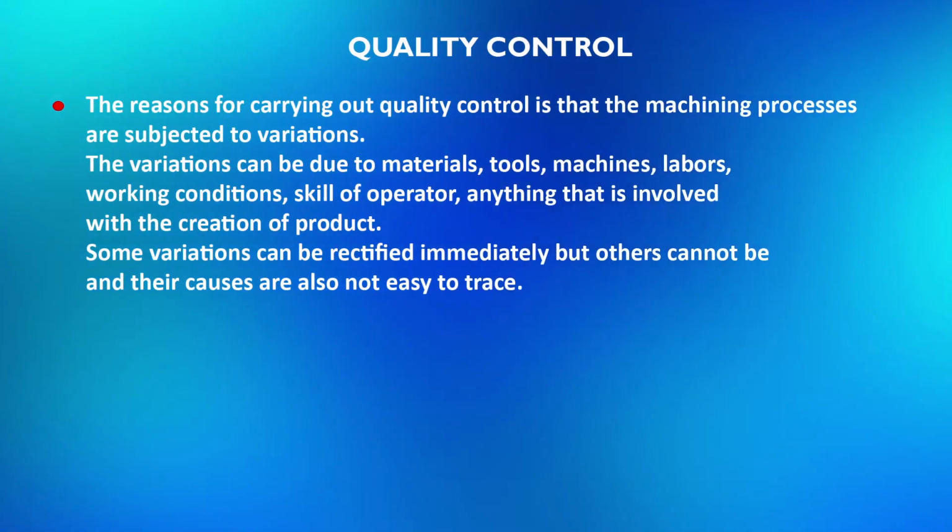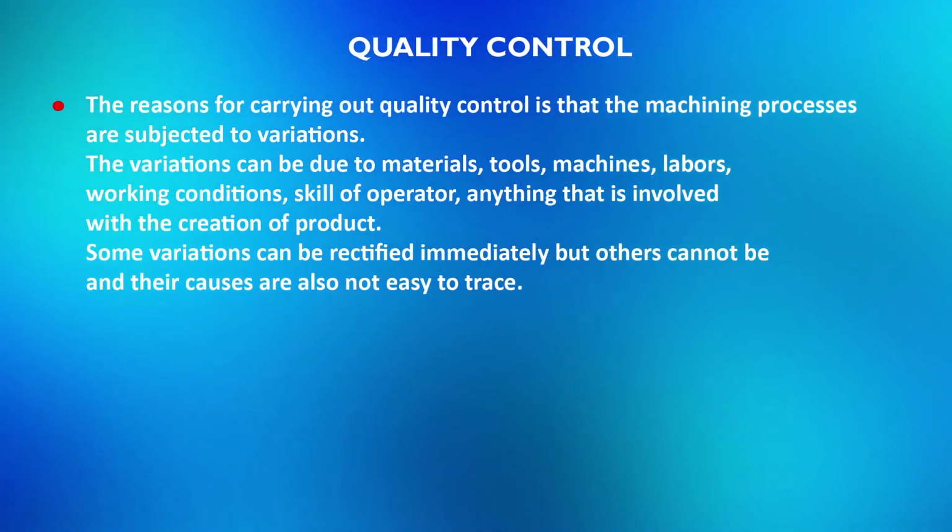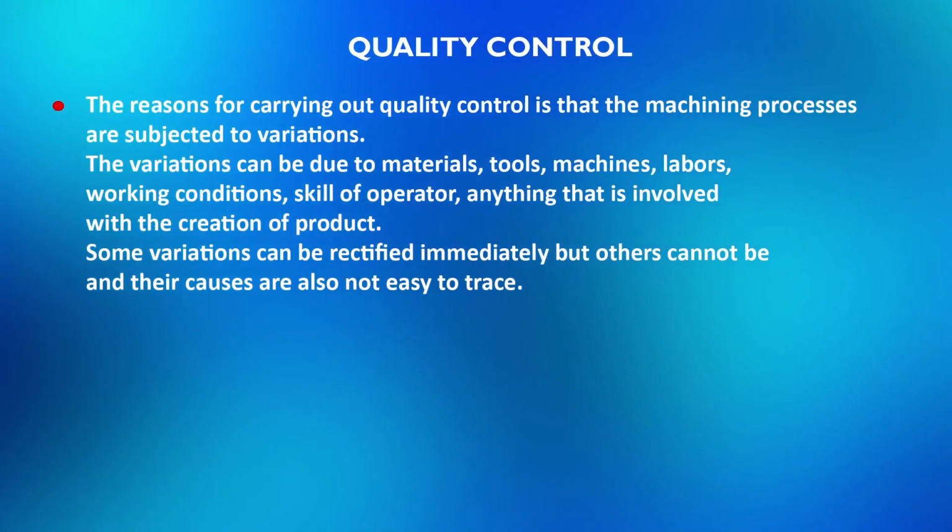Some variations can be rectified immediately, but others cannot be, and their causes are also not easy to trace. In total quality control, various dimensions can be controlled, whether it is a machine defect, a tool defect, a material defect, or a training defect. These can be identified through total quality control and the deficiencies can be rectified.